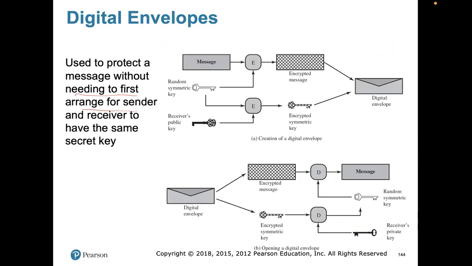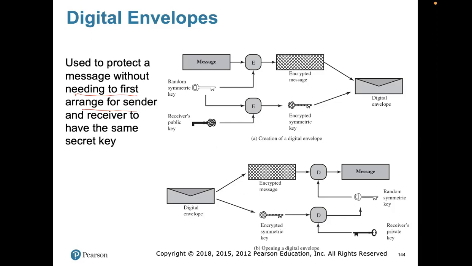For example, we want to send some secure information to someone, and that's the first and the only communication that these two nodes are going to have. So arranging for key exchange and stuff like that might be time consuming, and it might not be favorable.